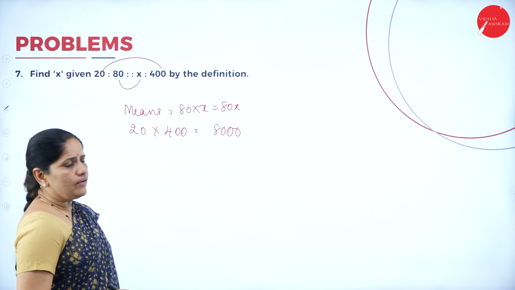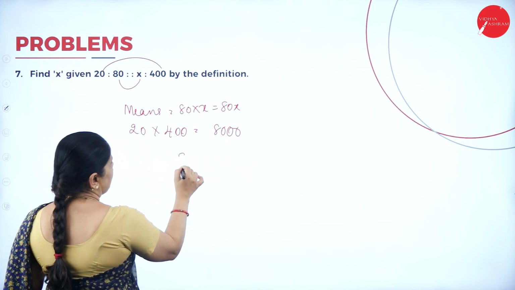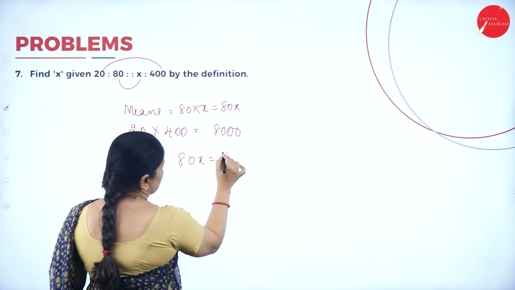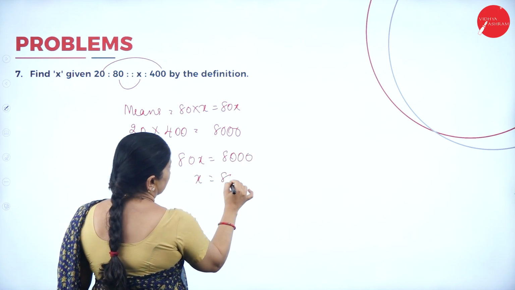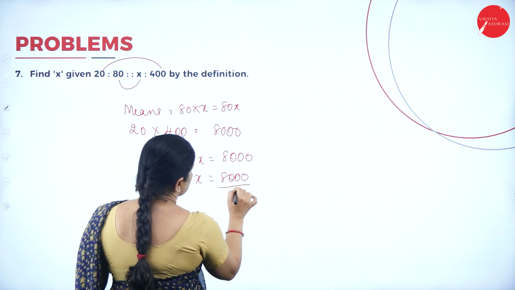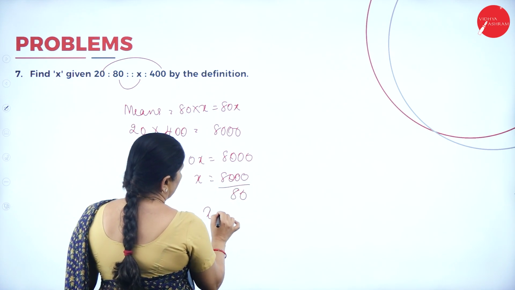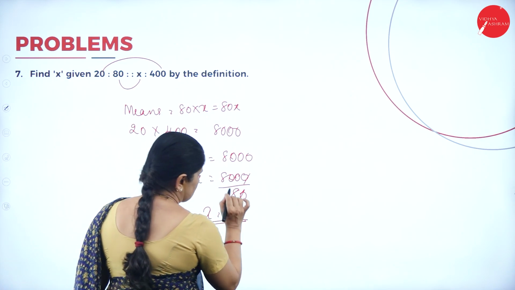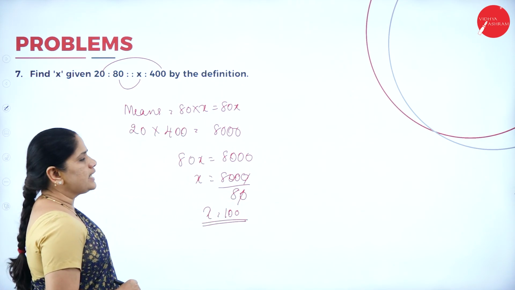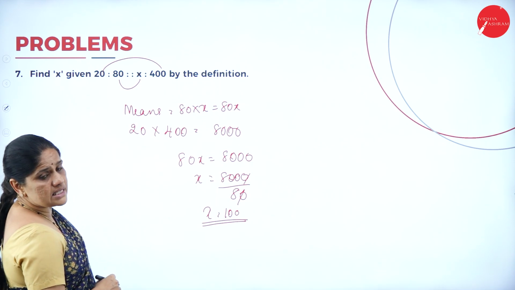Okay, now we know that 80x is equal to 8,000. x will be equal to 8,000 by 80. x will be equal to 100. So x equals 100. So this is the answer.